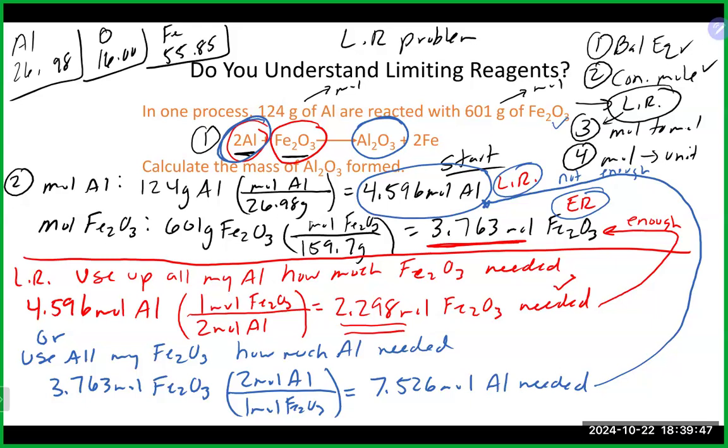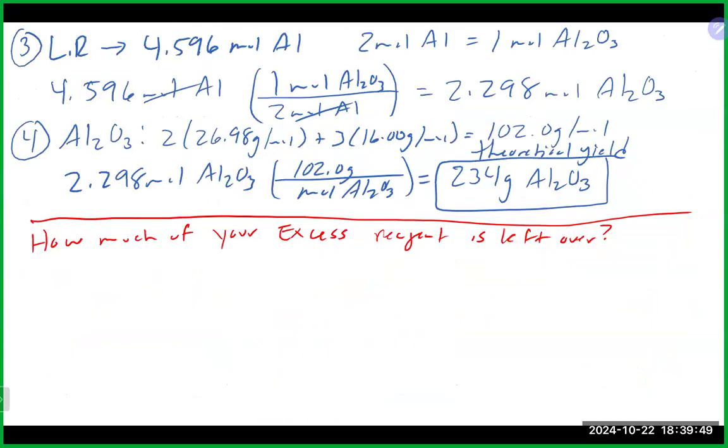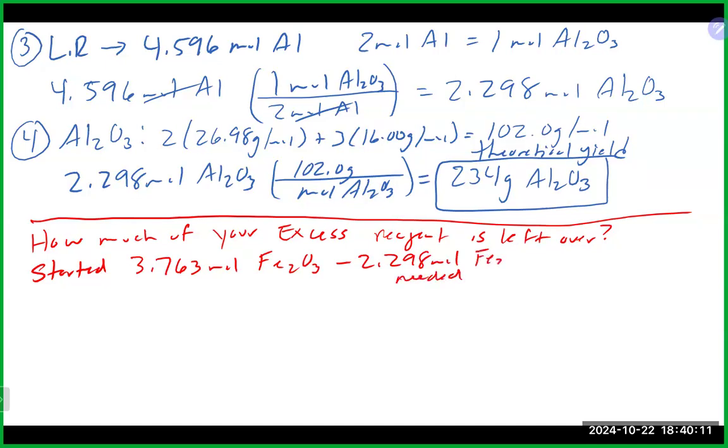So if we just subtract those two, we started with 3.763 moles of our iron 3 oxide, and we know 2.298 moles is needed of it. If we subtract, that will tell us how much is left over. We have approximately 1.465 moles of it left over.